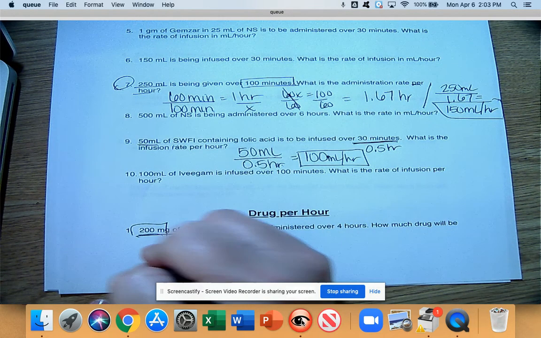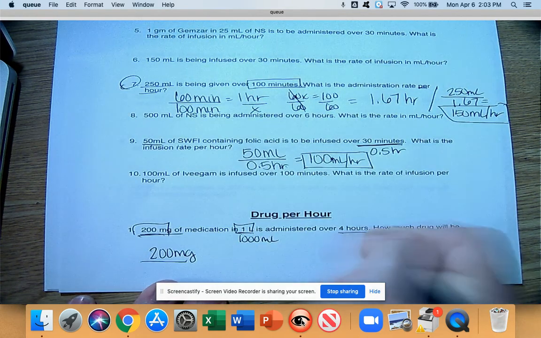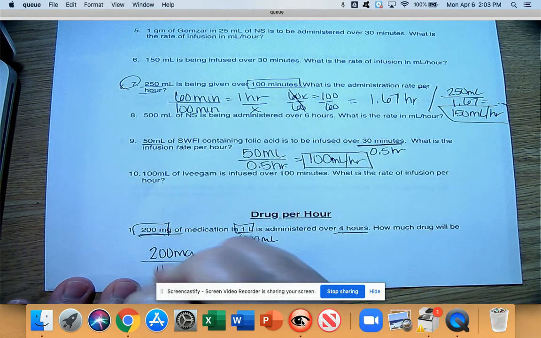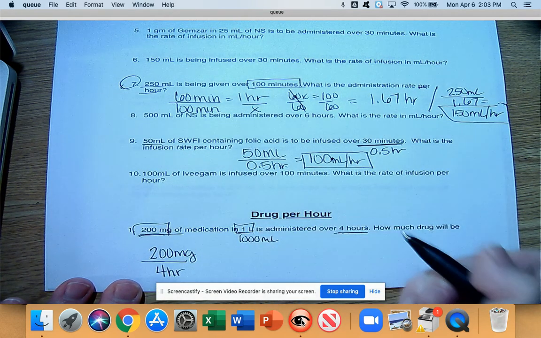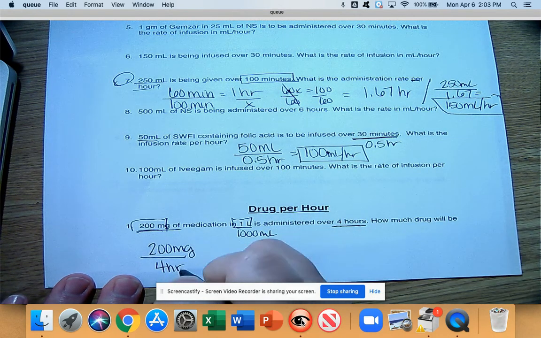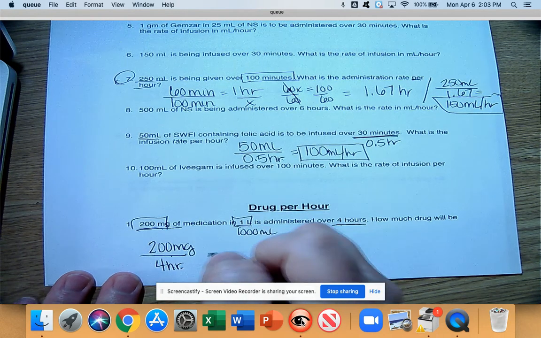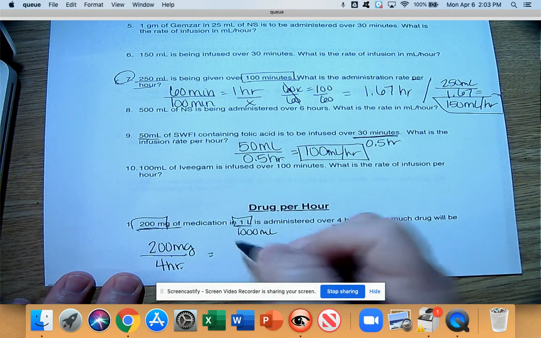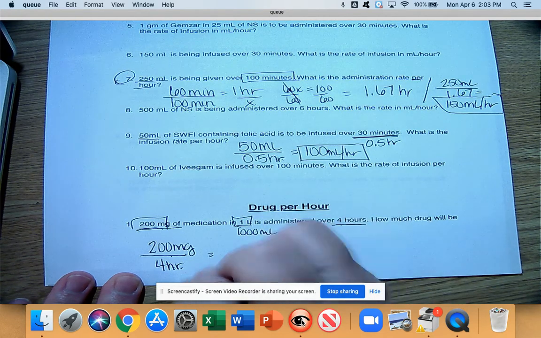So we're going to take 200 milligrams and divide it by 4 hours. Here I don't even need this 1,000 mils that I just converted to, because it wants to know drug per hour. So 200 milligrams of drug divided by 4, which is my hours, gets me 50 milligrams per hour.